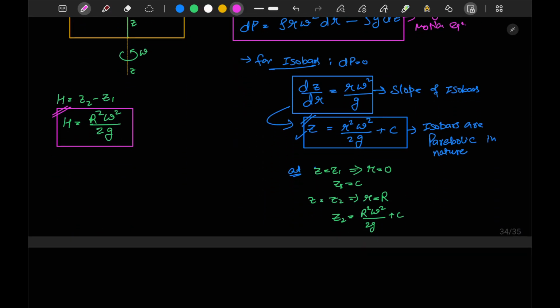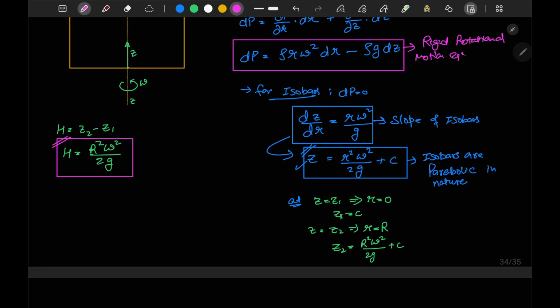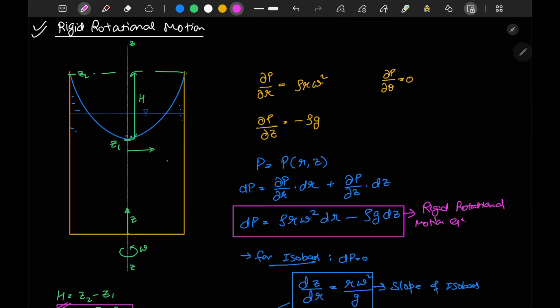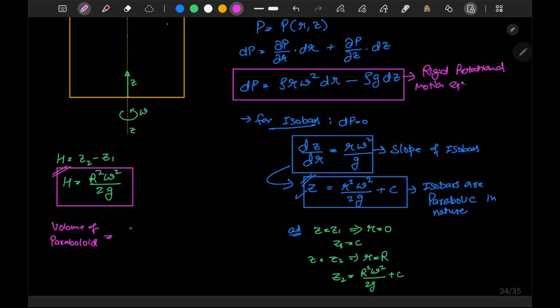One more point you should remember here: the volume of the paraboloid. Paraboloid is the surface that is formed here, so this volume is the paraboloid. Volume of paraboloid is given by pi R square h, the volume of the cylinder, divided by 2.